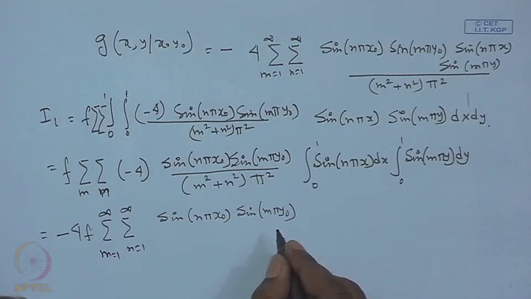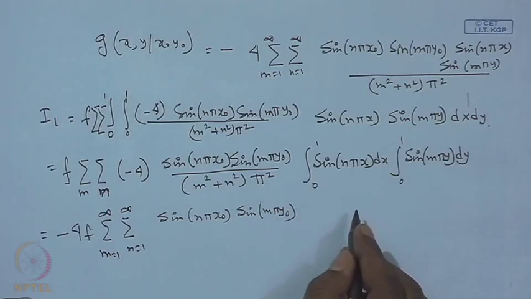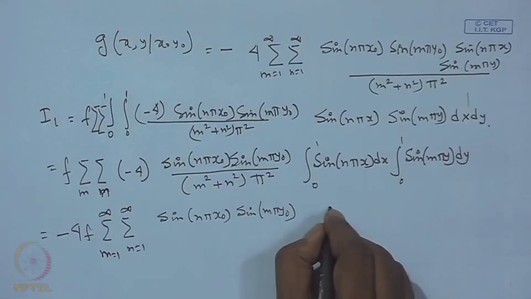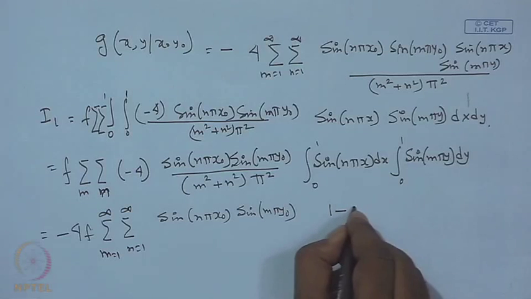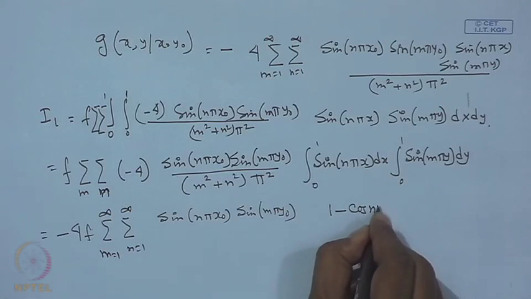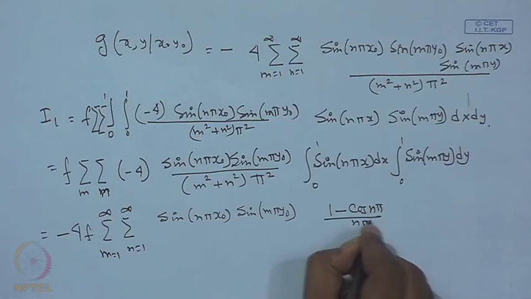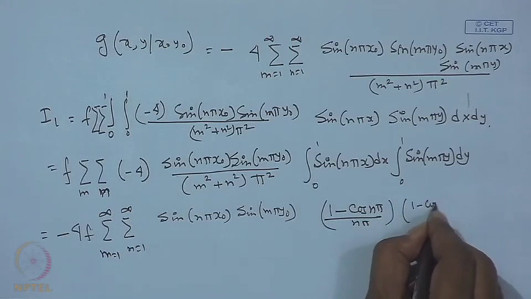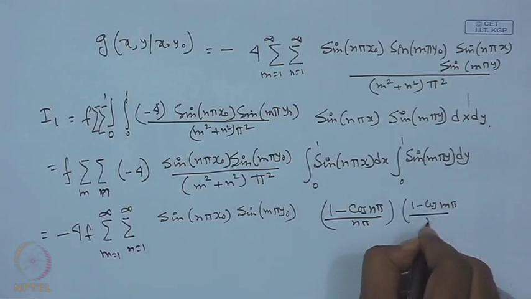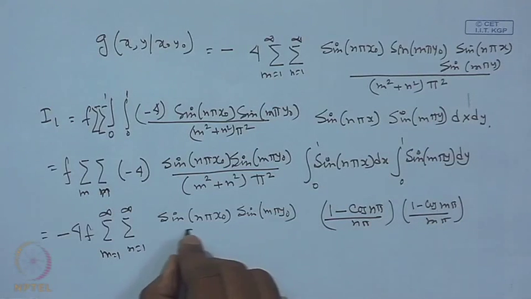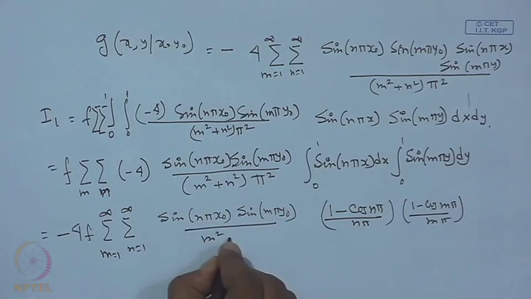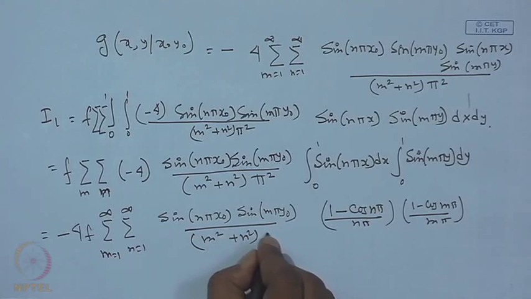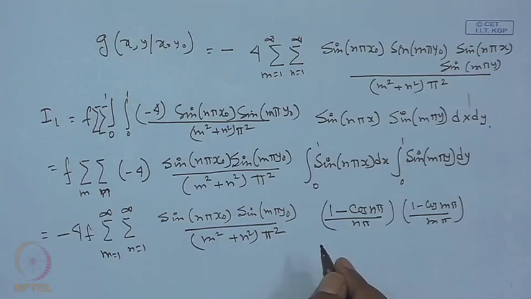So, they will be treated as constant because of the integration over x and y. So, we already solved this one earlier. This will be 1 minus cos n pi over n pi, 1 minus cosine m pi divided by m pi, and in the denominator you have m square plus n square pi square. So, that is the complete solution of the first part.